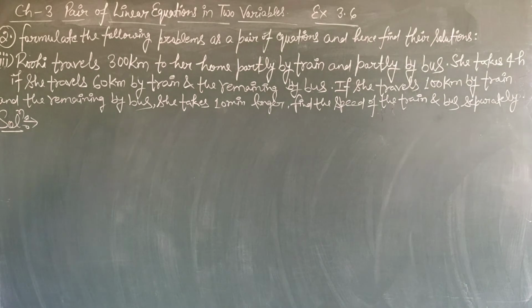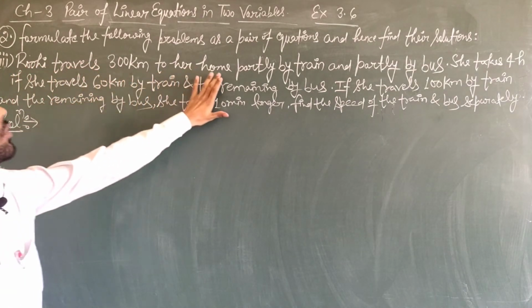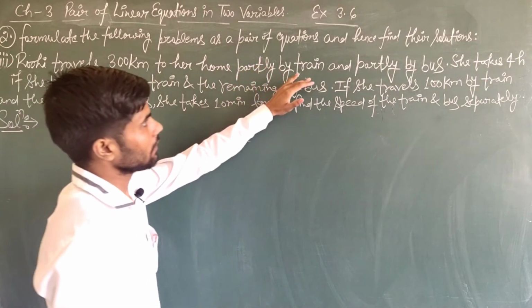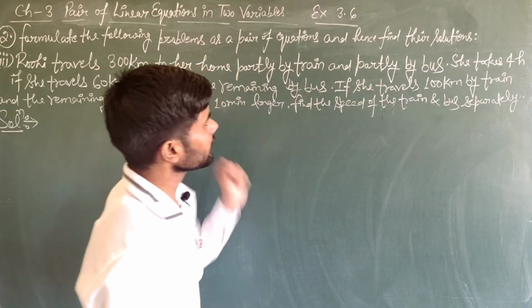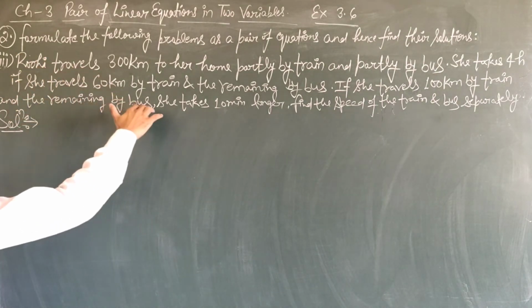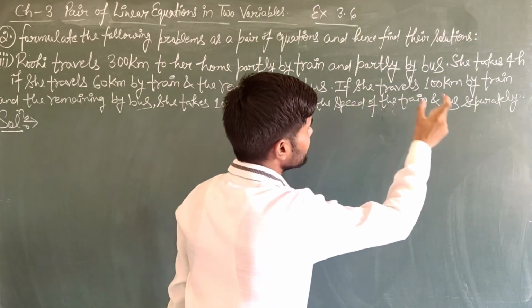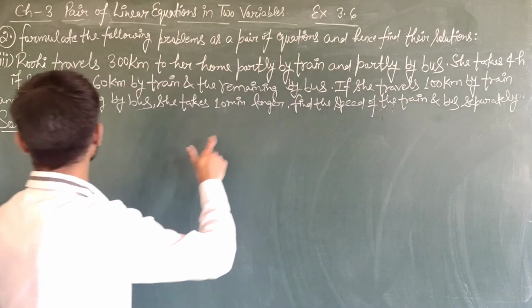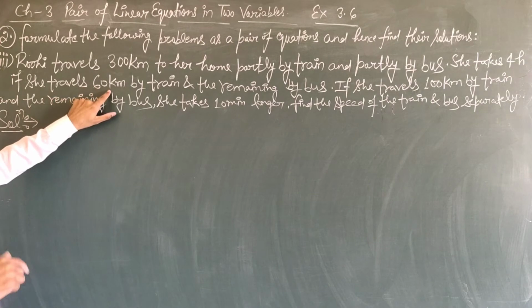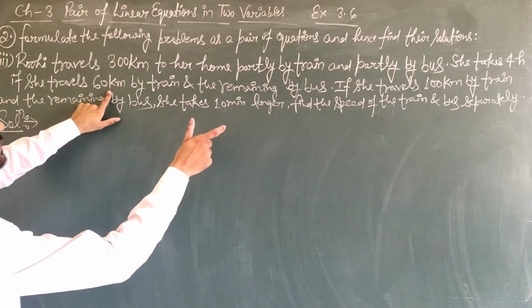In the third part we are given: Ruhi travels 300 km to her home, partly by train and partly by bus. Okay, this thing is very clear. She takes 4 hours if she travels 60 km by train, and the remaining by bus.